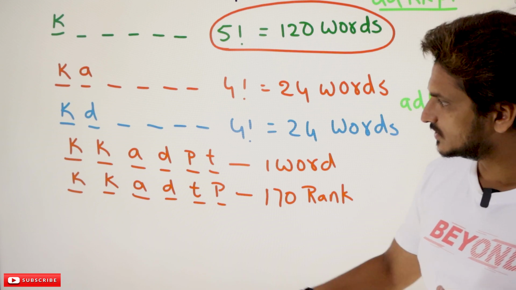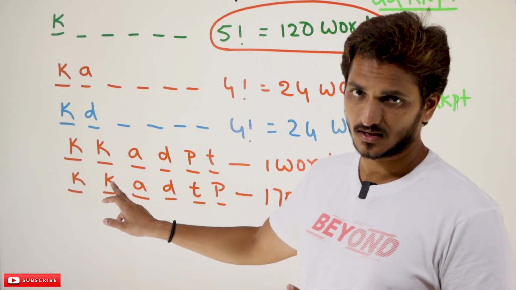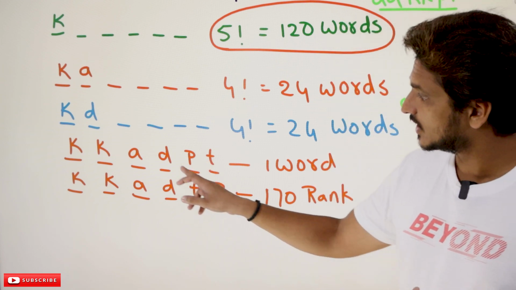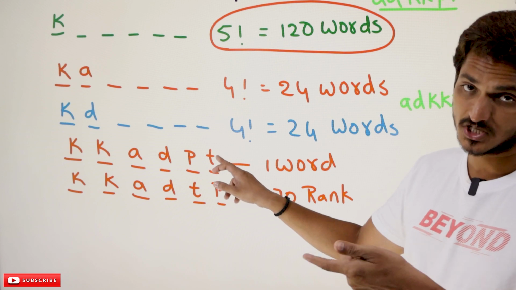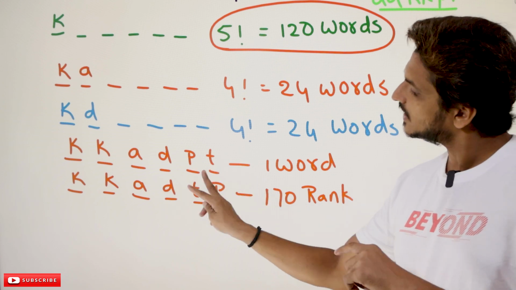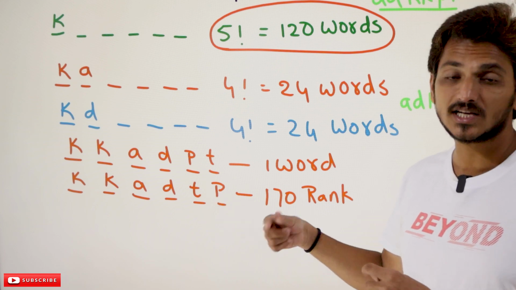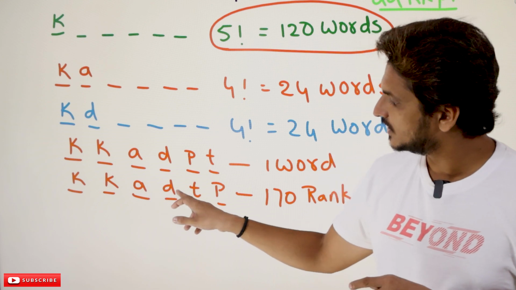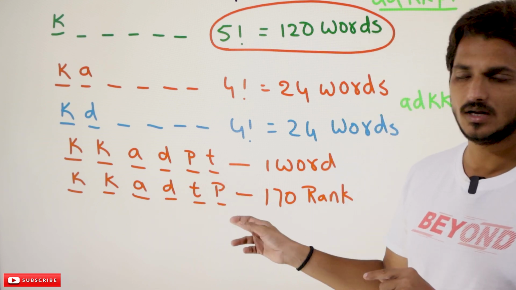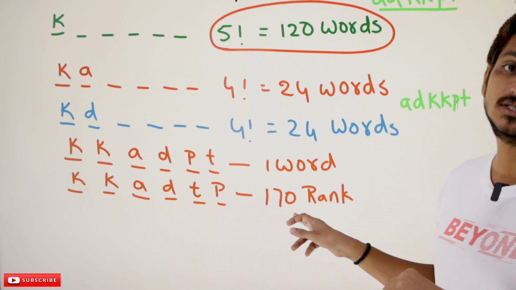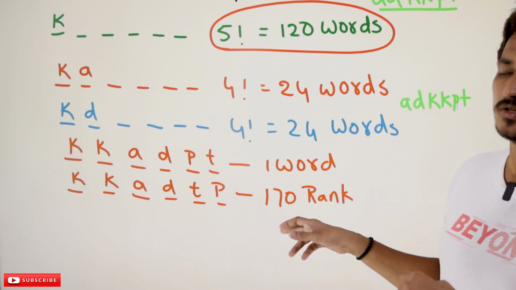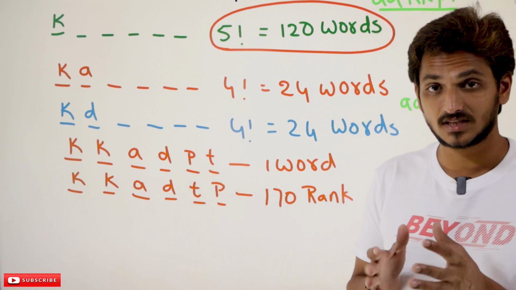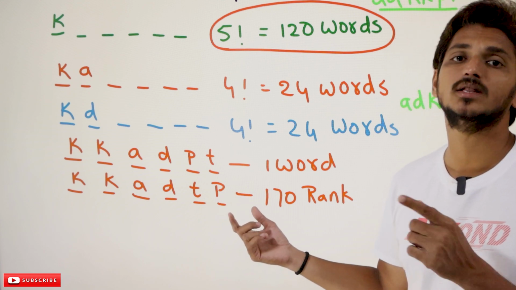Similarly, the next word possible has KK fixed. In order to go according to the dictionary order, A, D, P, T is the 169th word. Now A, D, change this: T, P is the next possible word according to the dictionary, because K is small, A is small, D is small, and you can change P and T. T and P. This is the 170th word. So K, K, A, D, T, P is the word that has rank 170.